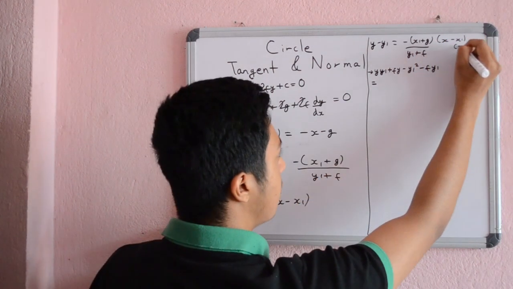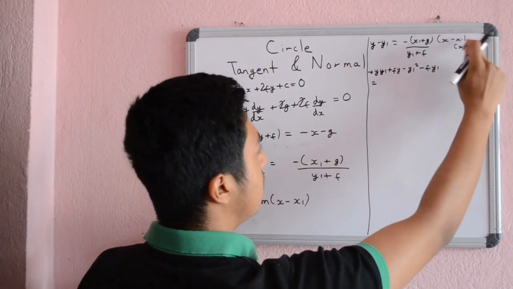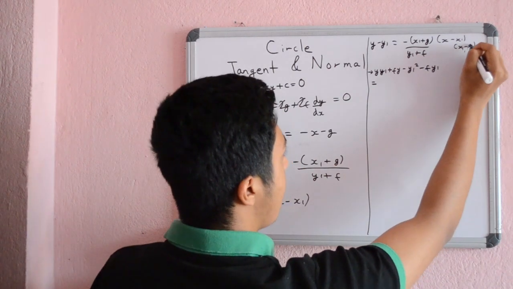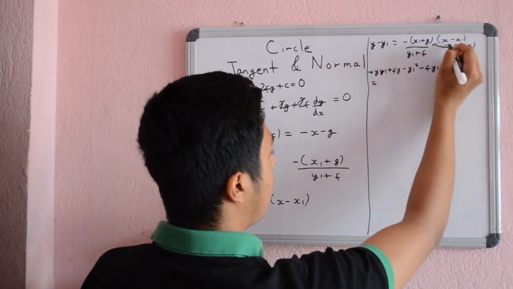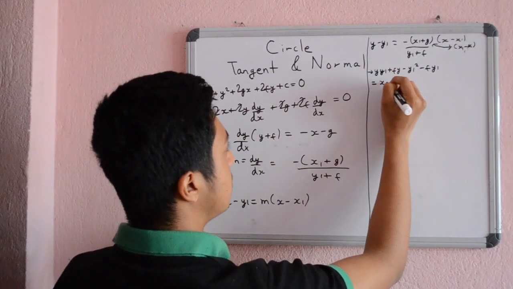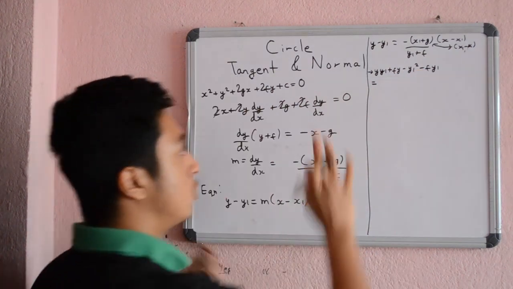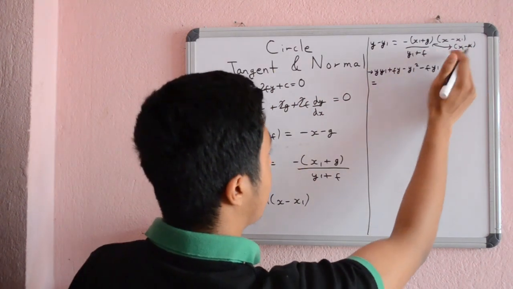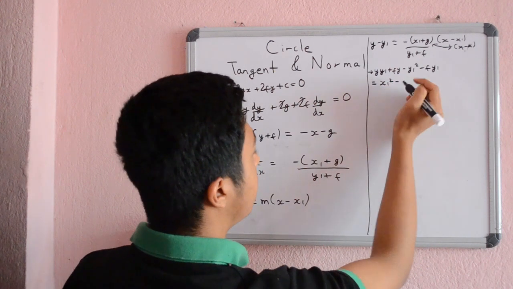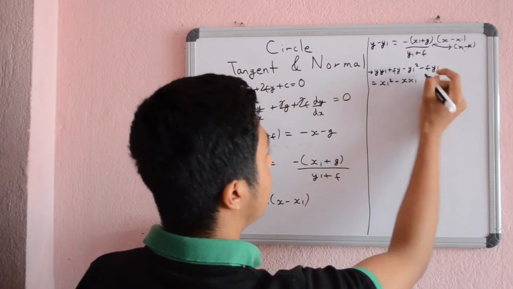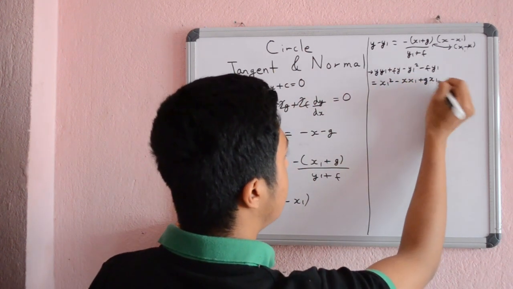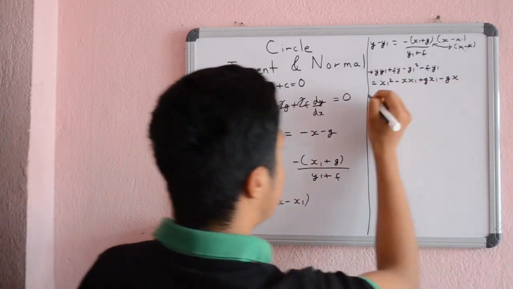That means this will become x1 minus x, and these two will multiply, giving x1, sorry, this is x1 whole square minus xx1 plus gx1 minus gx.